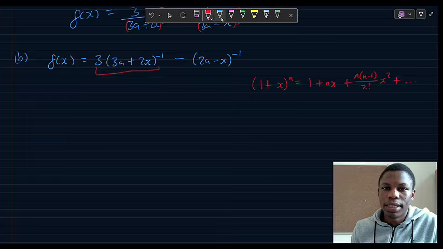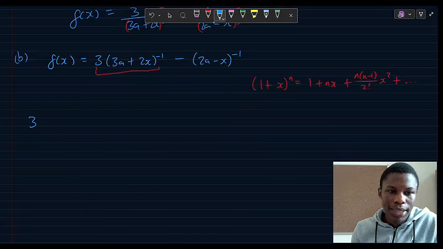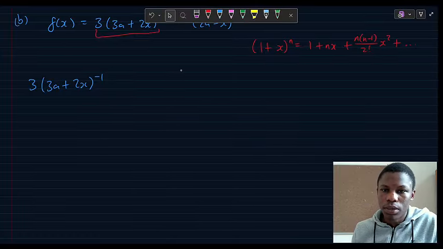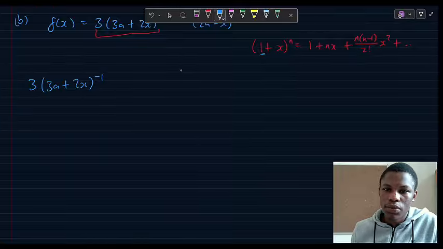We'll do it term by term. We're going to start with 3 times 3a plus 2x, and this is to the negative 1. What's crucial is that the first term in your bracket is a 1. So we need to make sure that we factor out 3a to ensure that we've got a 1.